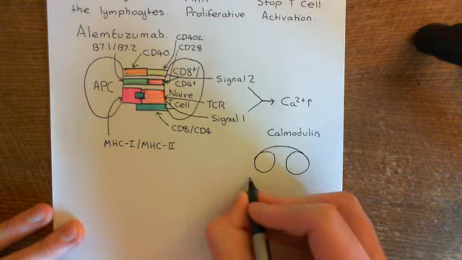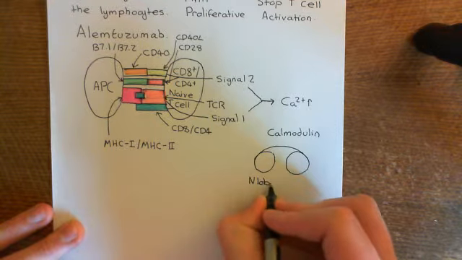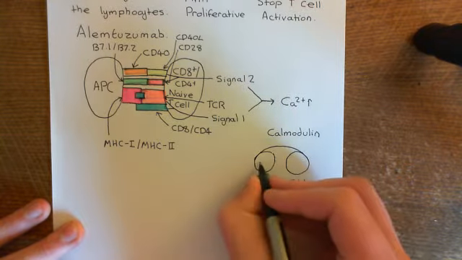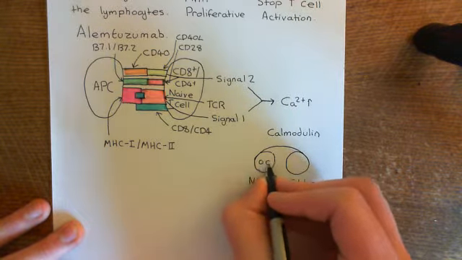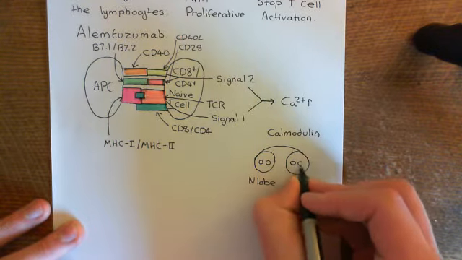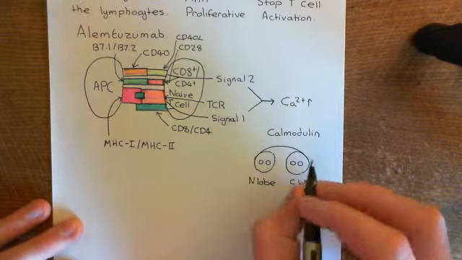It has these two lobes, the N lobe and the C lobe, okay? And each of these lobes has 2 calcium binding sites. So here are 2 calcium binding sites on the N lobe, and here are 2 calcium binding sites on the C lobe, okay?